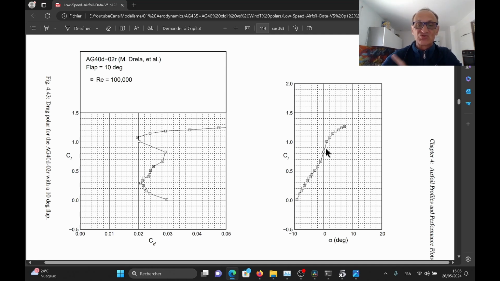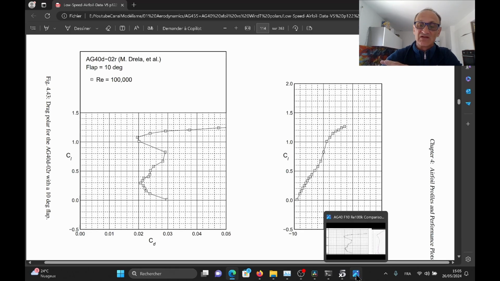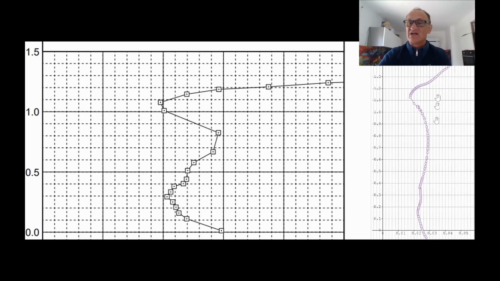Let's come back to the comparison between Xfoil and the wind tunnel. On the right you have the Xfoil curve in violet, and on the left you have the wind tunnel. What is remarkable is that Xfoil is predicting very well the behavior of this profile, not only the real trend, but also this bucket, this curve here.